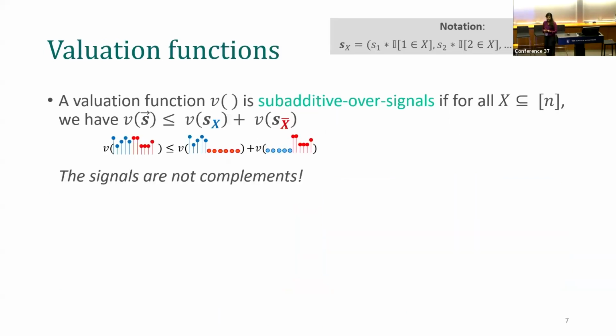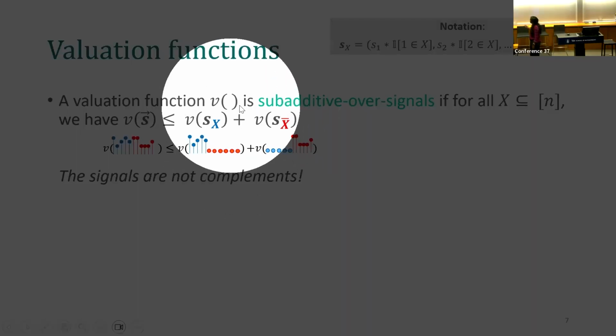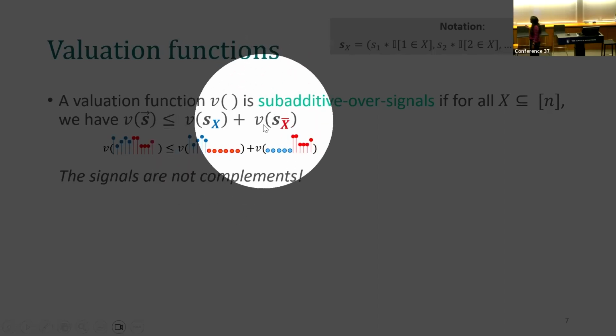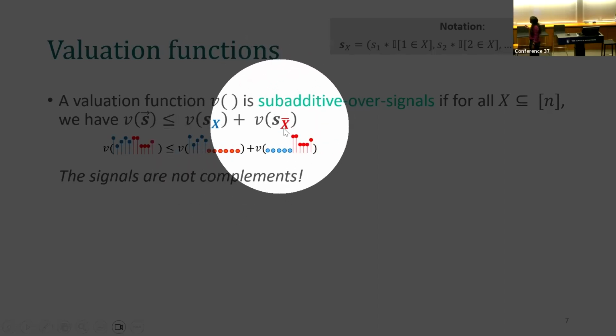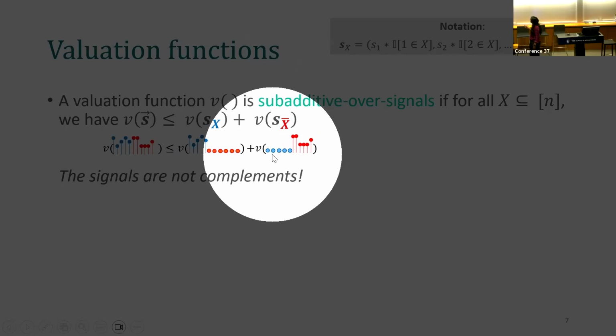A valuation function V is subadditive over signals if for any partition of the agents into X and the complement of X, the value on all agent signals S1 through Sn is going to be less than the value when we look at agents in X and zero out the others, plus the value when we only look at the agents not in X and we zero out the rest.